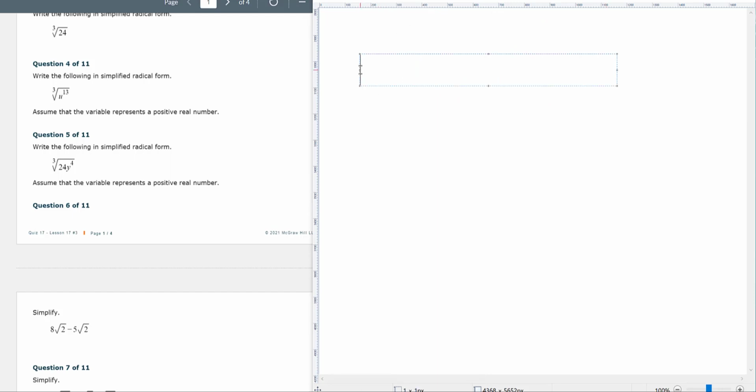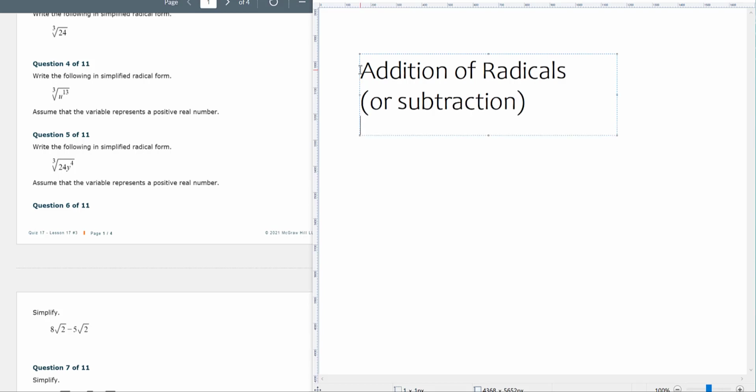All right, so let's talk about the rules of addition of radicals. And this is going to be the same as subtraction as well. Okay, 3 things have to be true in order to add or subtract radicals. I call it the IRV rule.